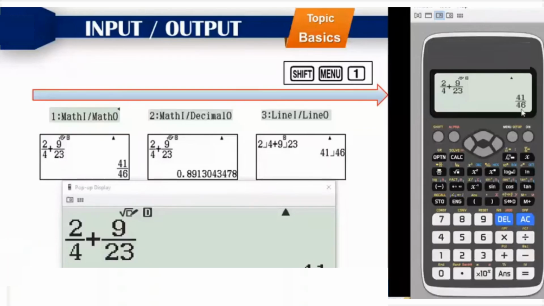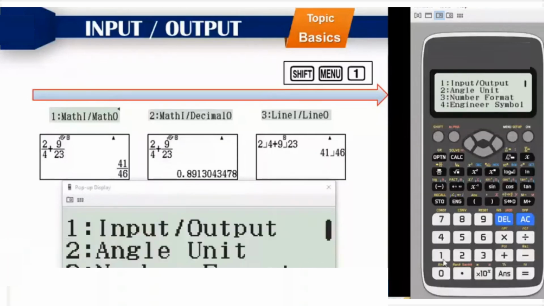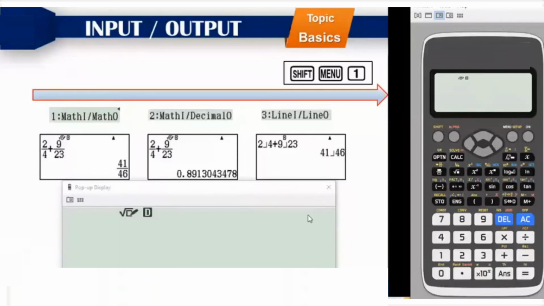On the other hand, if for the same question I press shift and menu, I press 1 and I press 2, it is math 1 decimal 0. Math 1 decimal 0 means that the calculator will not give me the answer in fraction mode. Instead, it will give me the answer in decimal mode.